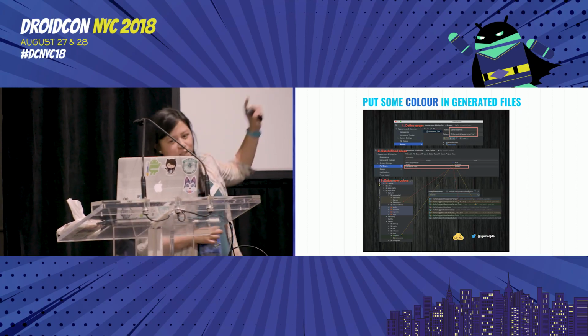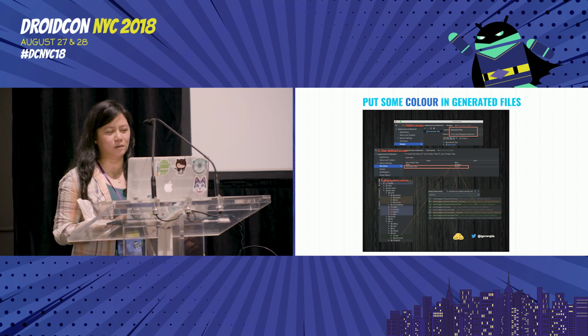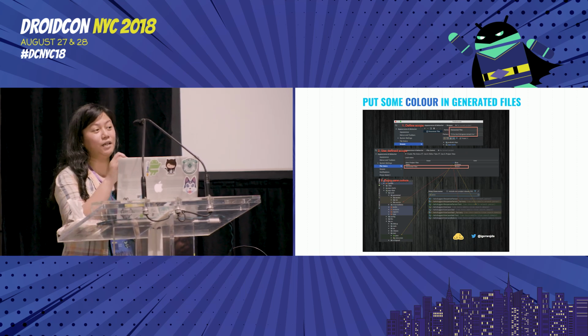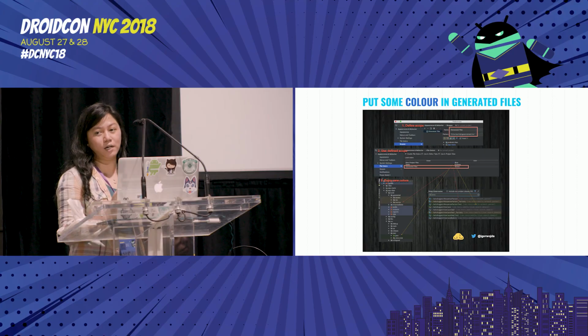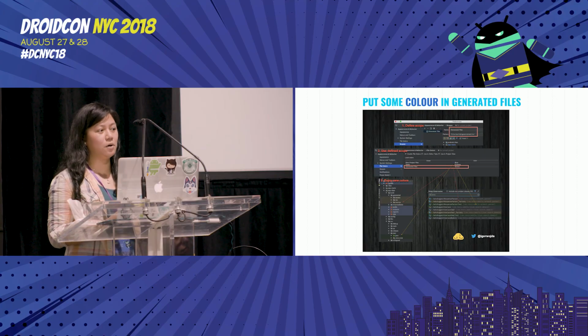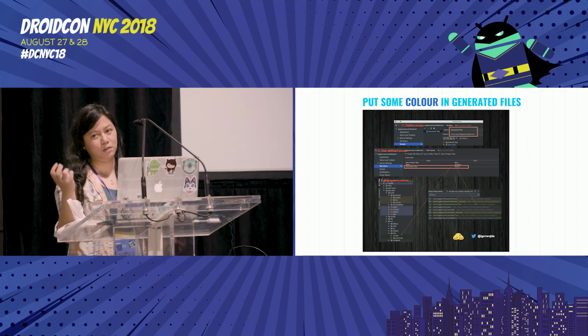If you look at the top part there, just squint real closely, you'll see that he defined a scope for generated files, and then we match a color to that scope. And so now, every time we try to find a file, all the generated files will be colored.